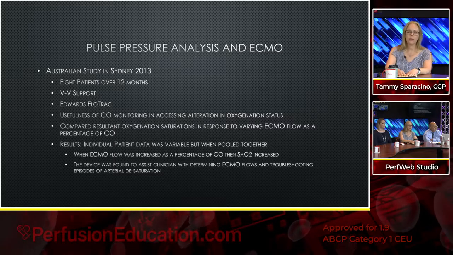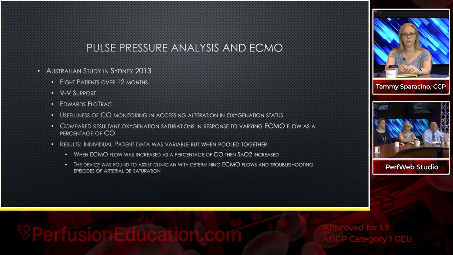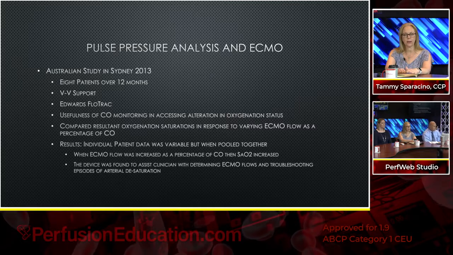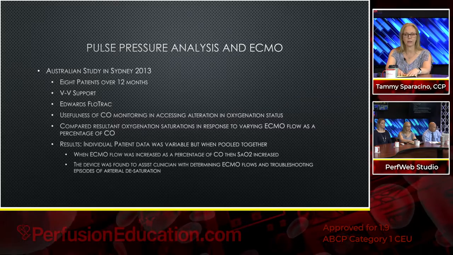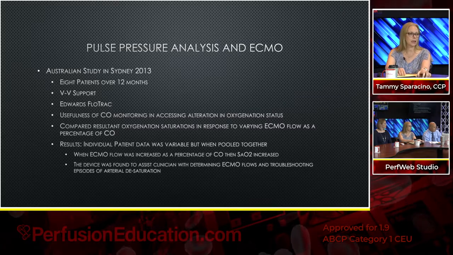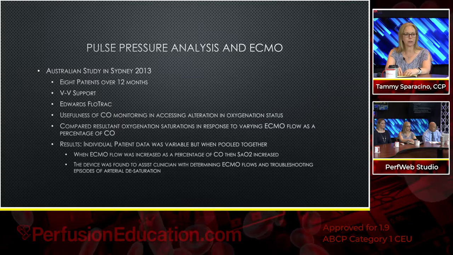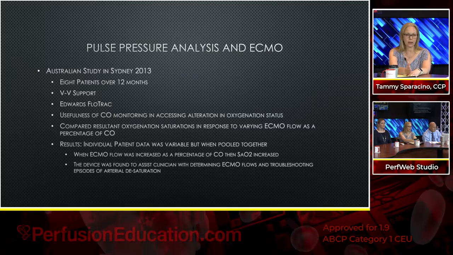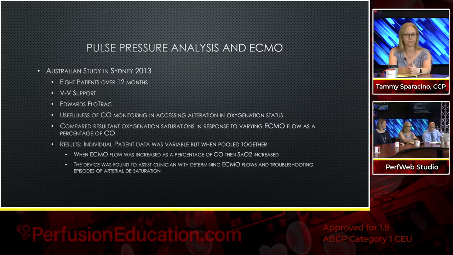What they were looking at is the usefulness of the cardiac output monitoring in assessing alteration in oxygenation status. So can those numbers tell us what's happening if we see a dip in saturations? Can we look at that number and know we need to go up on flow? Are we going to have a response to that?